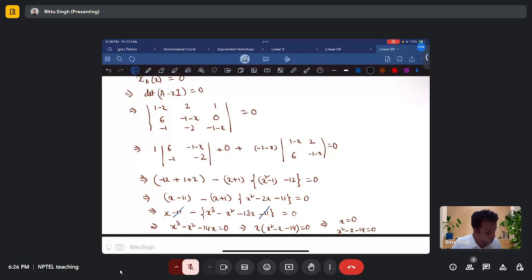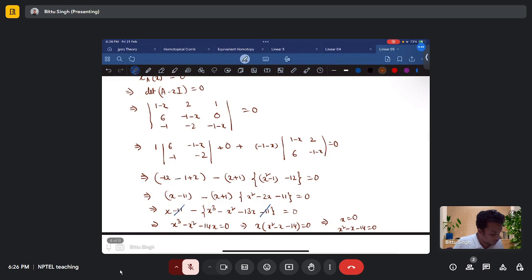So you should be careful here, otherwise it will be wrong. The determinant of a, b, c, d is the same as ad minus bc. So there is a negative sign. And similarly, after this, everything is okay. Okay, so let me correct.